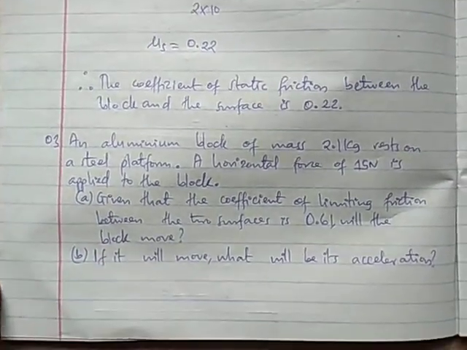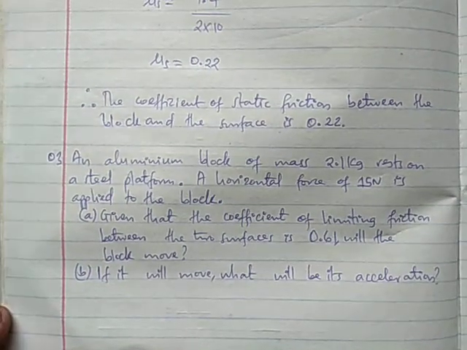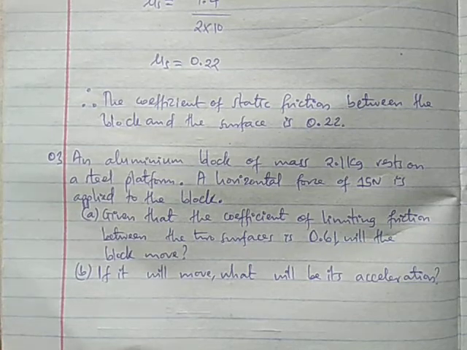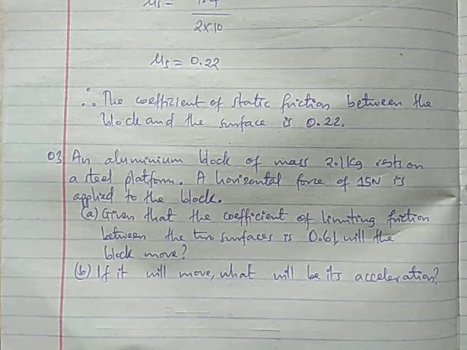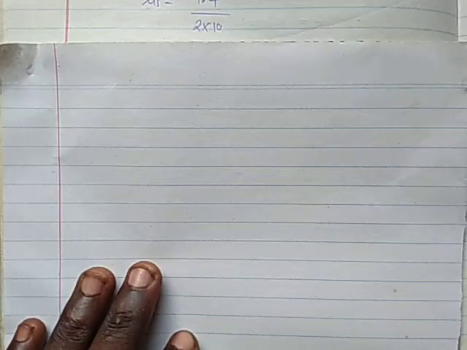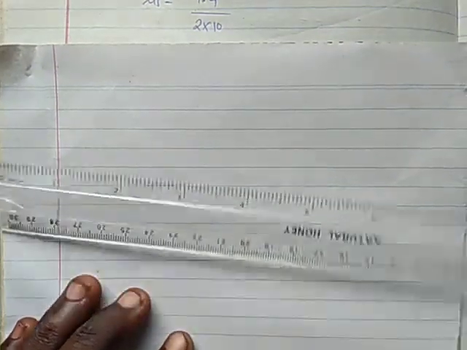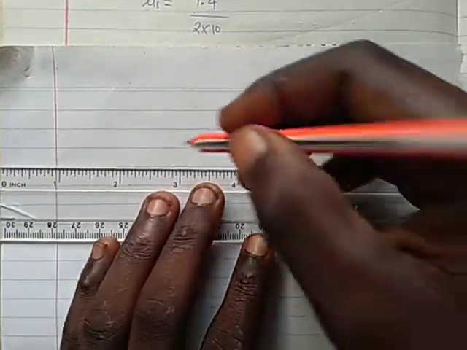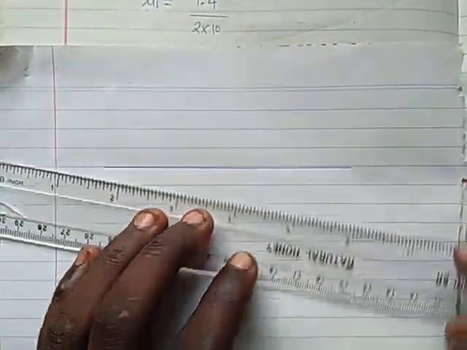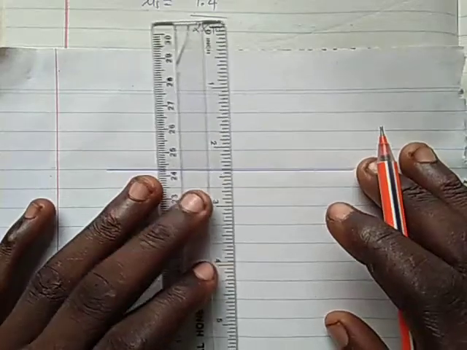Question number 3 ambayo tunasema kwamba an aluminium block of mass 2.1 kg rests on a steel platform. Kwa tumepewa mass of aluminium block na tumeambiwa imerest kwenye steel platform. So that means tutakuwa tuna steel platform like this way, and then tutakuwa tuna aluminium block.